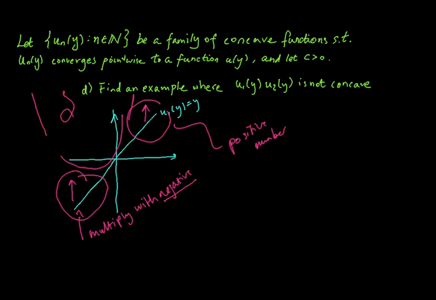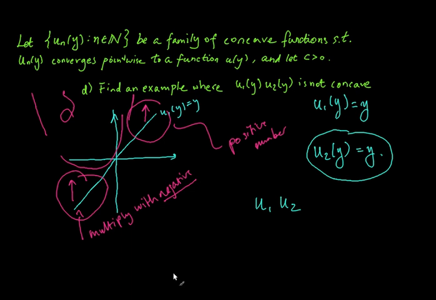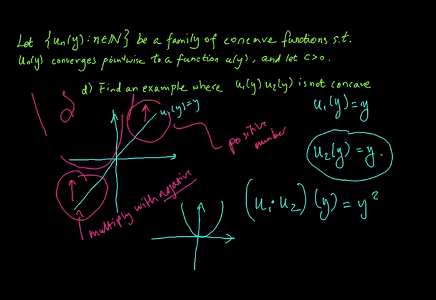So let's consider what would happen if we chose u1 of y to be given by y, and also chose u2 of y equals y, because that's exactly what would happen if we chose u2 to be given by this over here, because then you would have a negative number multiplied by a negative number. I could just show you that u1 times u2 of y equals y squared, right? And we know that this is quite obviously not a concave function.